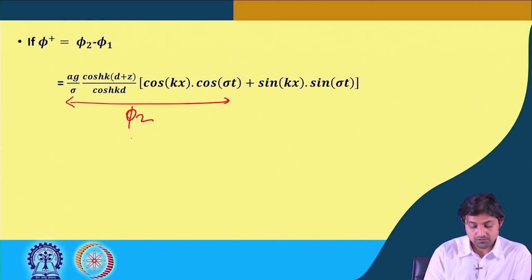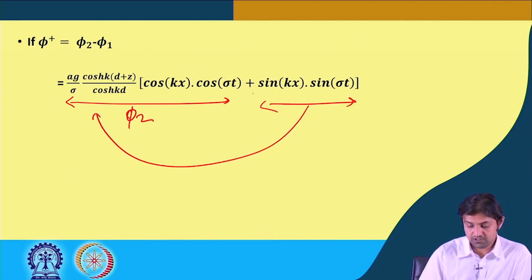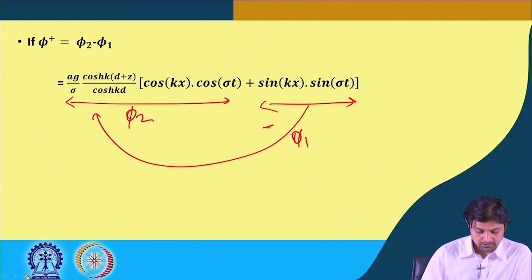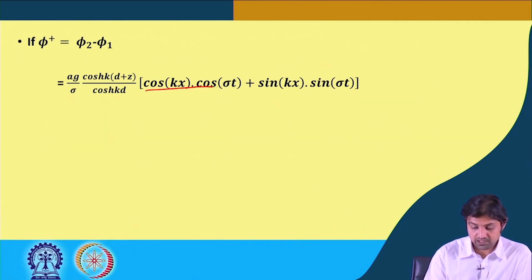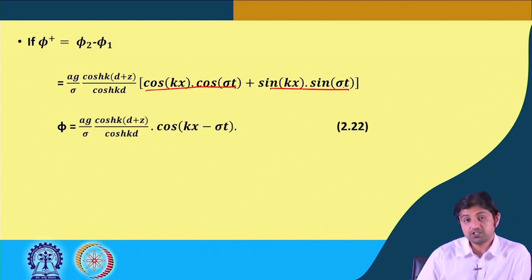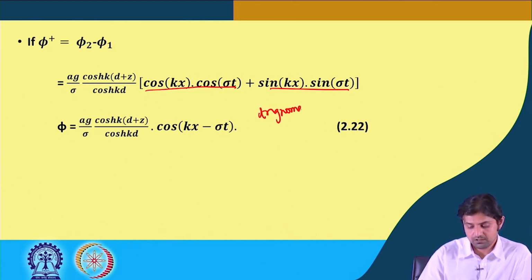So, if you add two velocity potentials, this was phi 2 and this one with a negative sign was phi 1. So, we get this. So, cos kx cos sigma t plus sin kx sin sigma t can be written as cos (kx minus sigma t) using trigonometry.